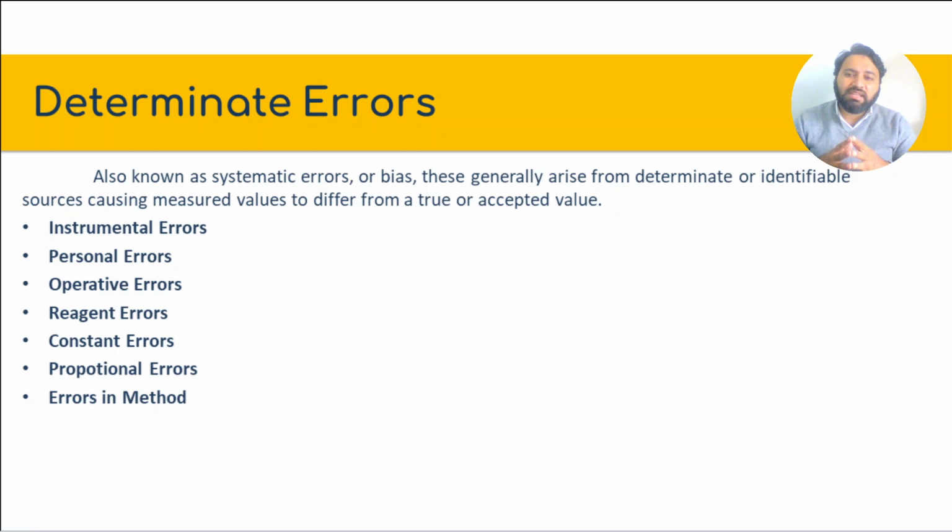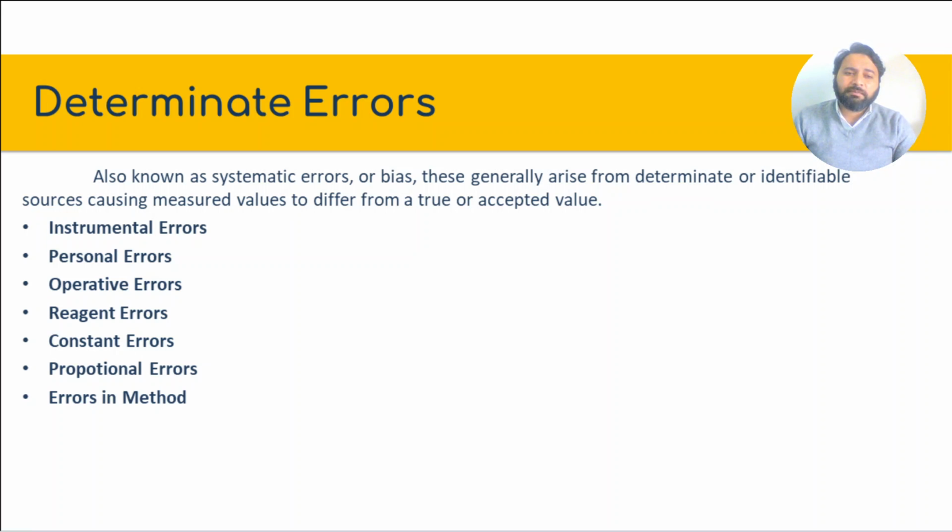So this is the error in the method. So these are some of the determinate errors, many of them are avoidable. However, some are not avoidable, like the constant error, like the error in the method. If you choose the wrong method, you have to again choose the right method.